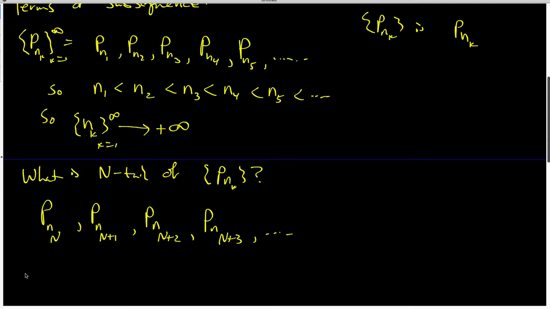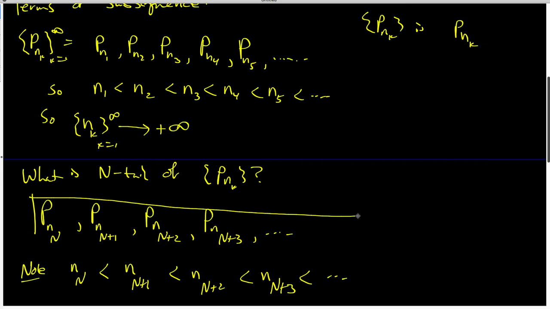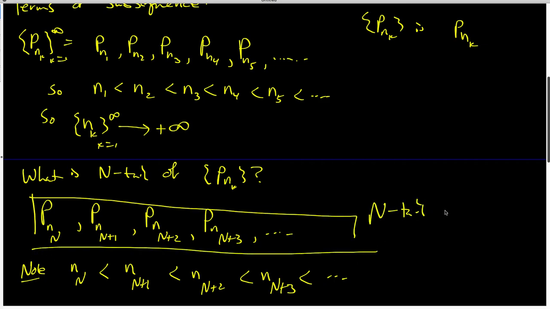And again, I want to note that n sub capital N is less than n sub capital N plus 1 is less than n sub capital N plus 2, and so on. And this chunk here is the capital N tail of my subsequence.